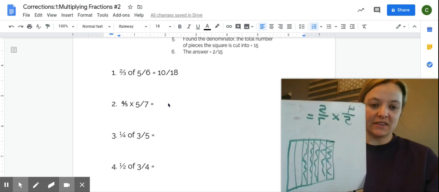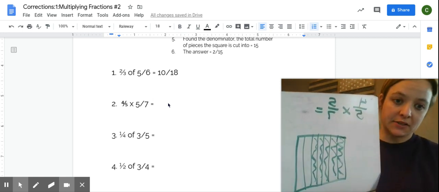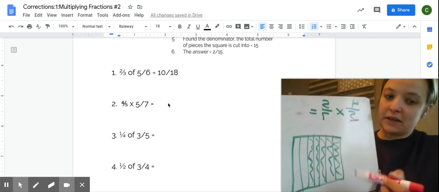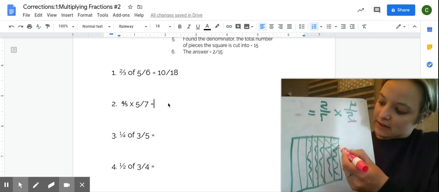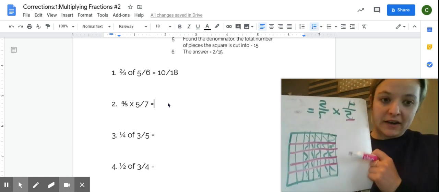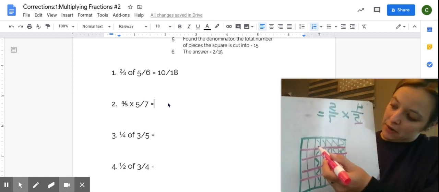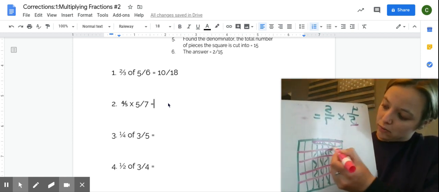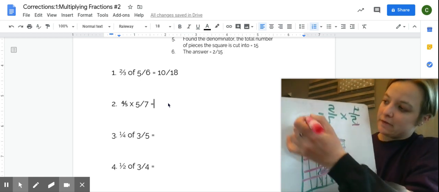I have my 5/7, and I want to know what is 4/5 of that 5/7. So first things first, look at my denominator, 5. I need to split my 5/7 into fifths. And of those fifths, I want to know if I have 4 of them, how much would that be? So I can shade in 1, 2, 3, 4.